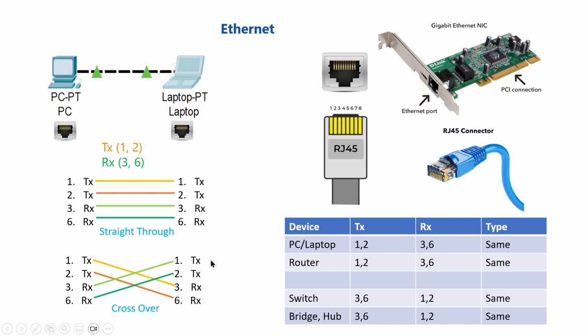And notice that this is occurring from both ends of the cable. So from the left hand side, the PC side, the transmit on 1 and 2, we want it to go to 3 and 6 of the receiving side. And from the laptop standpoint, pins 1 and 2, we want that to go to the receiving end of the PC. So in this case, using a crossover cable would work.